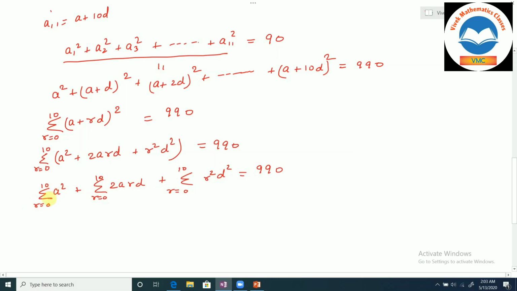Now here r is a variable, other things will be constant, so a square we can write outside, summation r will be 0 to 10 of 1, plus 2ad outside, r will vary from 0 to 10 summation r, plus d square outside, summation r will vary from 0 to 10 r square, and this value will be 990.